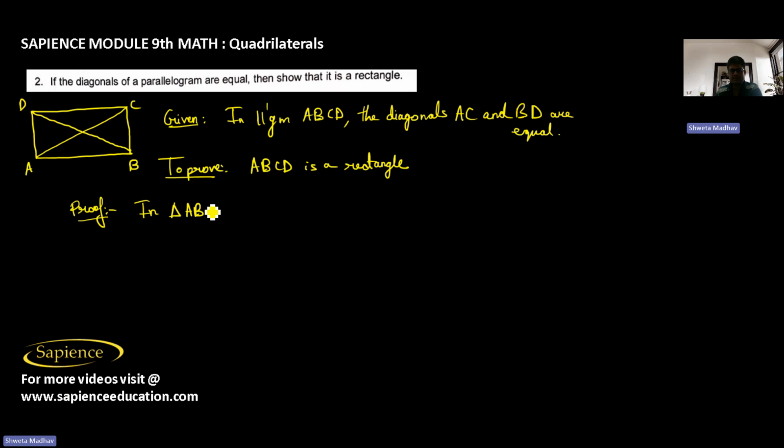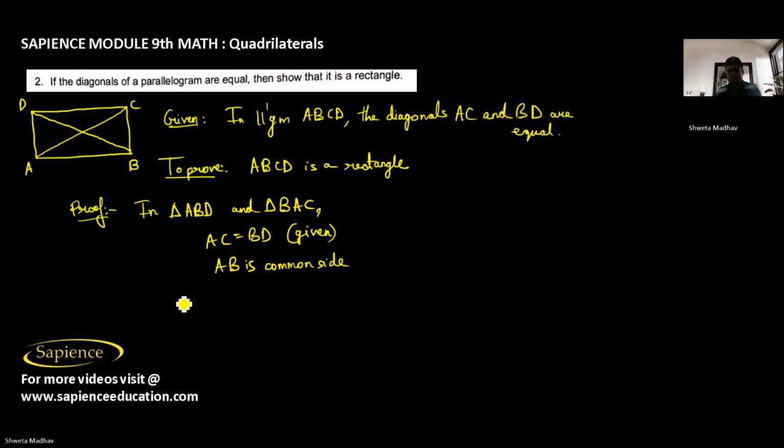In triangle ABD and triangle BAC, AC equals BD, which is given, and AB is the common side, and AD equals BC since the opposite sides of a parallelogram are equal.